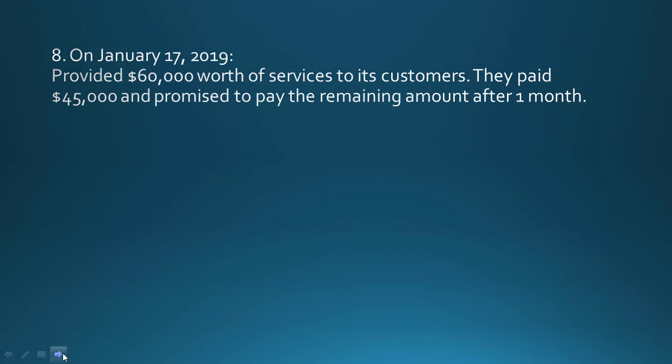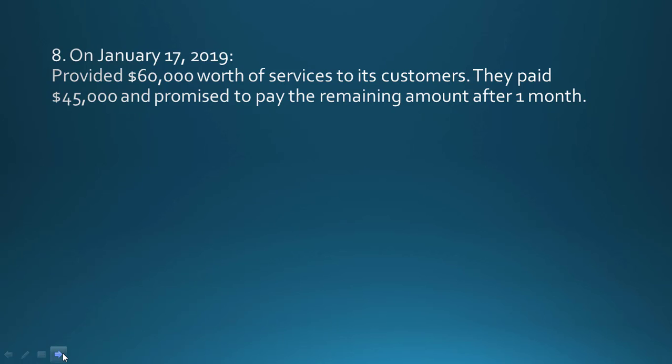As you provided services, it's a revenue. Whenever there is a revenue, it should be credited. So service revenue should be credited by $60,000. And you have received cash of $45,000. So $45,000 will be debit. So on your credit side it's 60,000, on your debit side it's 45. What is the remaining balance?